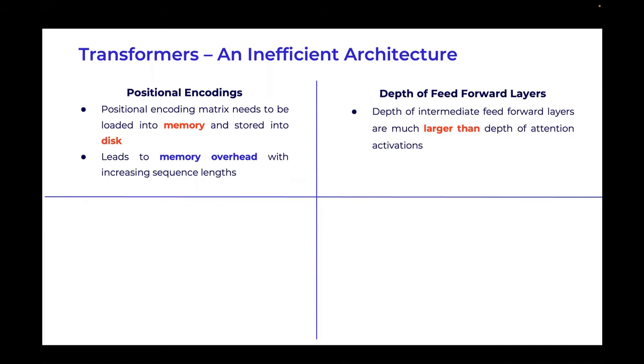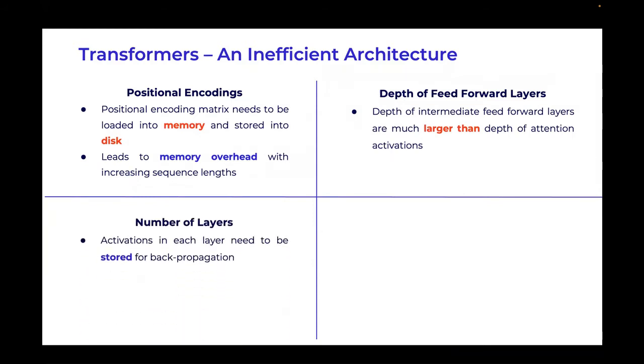So if the depth of the intermediate feed forward layer after attention is of a larger size when compared to the final feed forward layer, then while calculating the activation functions for these feed forward layers, it has to store the activations as well, so that the back propagation will calculate the gradients and do the updates. So this is the second inefficiency.